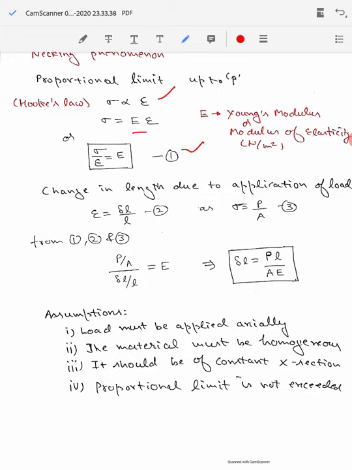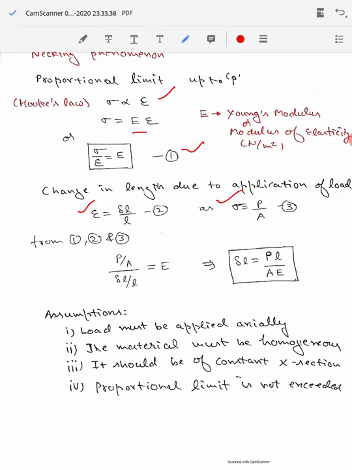We have made certain assumptions while deriving this relation. We have assumed that the load must be applied perfectly axial to the center of gravity, or geometric center, of the body, and the material must be homogeneous throughout. The body should be of constant cross section.